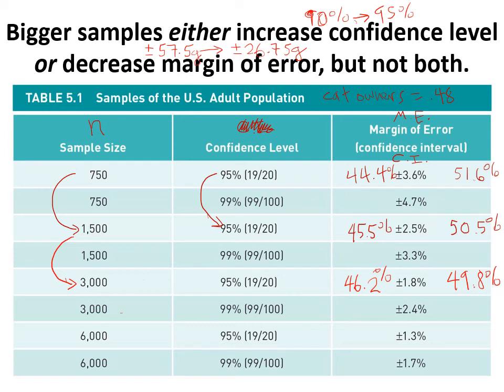And so here you see how, as you increase the sample size, your margin of error gets smaller. So basically your estimate becomes more precise. But we are also leaving the confidence level the same.